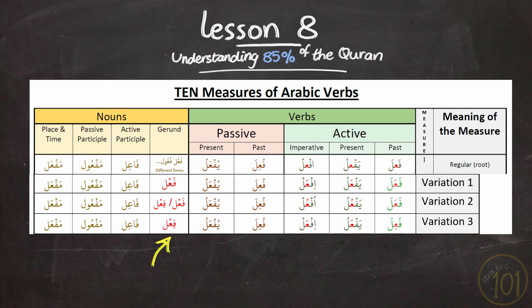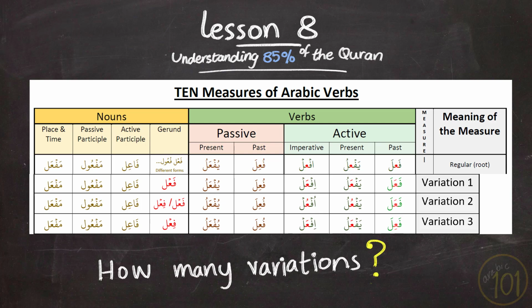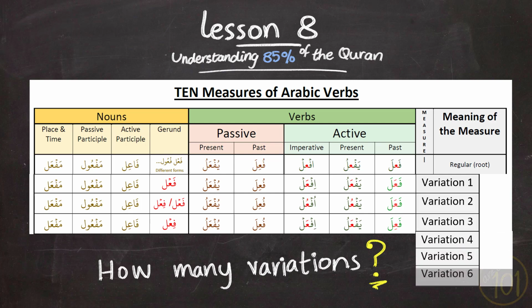Now naturally, these short vowels are not randomly placed on top or under the letter. They represent a number of verbs that follow this pattern. So how many variations do we have to learn in total? There are in total 7 variations within verb form number 1. And bear in mind that 1 or 2 verbs will not follow the rules exactly.